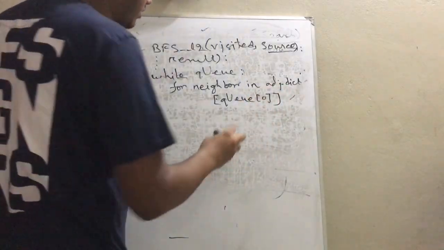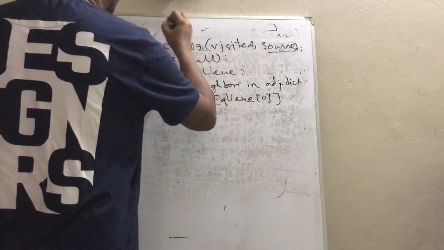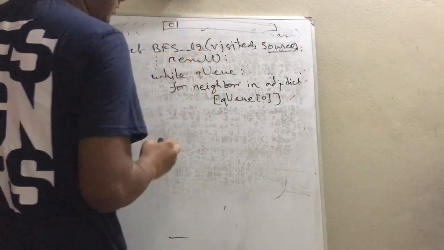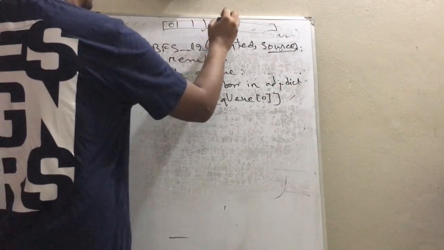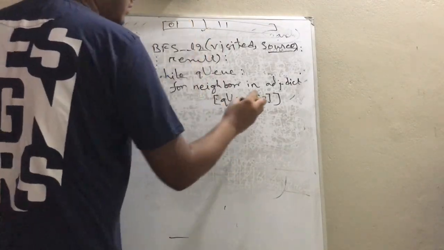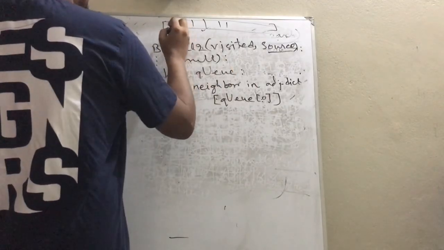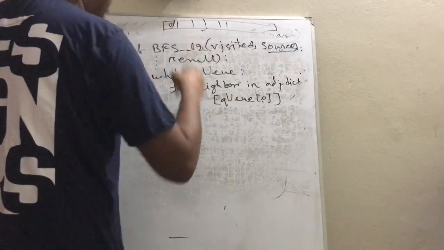Why do we take Q0? Because we take the first element. We search the neighbors of the first element because this is a BFS traversal. So Q0 is the first element of the Q, so we have to find the neighbors of the first element. And when it is done, we delete it.